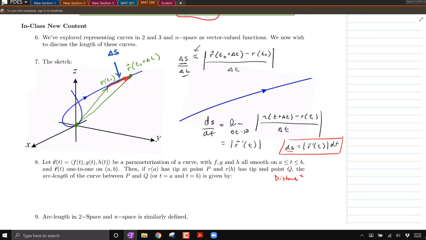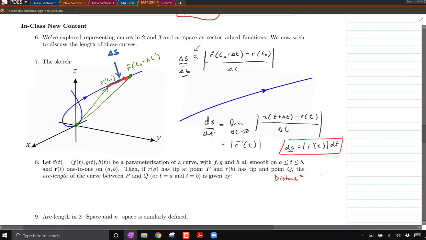What's one interpretation of that? The direction that the function is going at that point. Let's be careful here. If I'm taking magnitude, we're talking about the length of the tangent vector. Well, the speed at which it is moving. Yeah. So this is the speed, and then times a small unit of time.